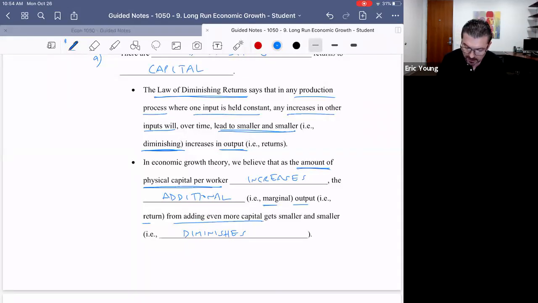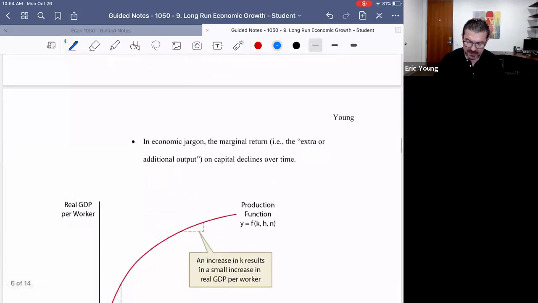Because we are bound in many domains to the law of diminishing returns. To summarize it in economic jargon, what we say is this: the marginal return on capital declines over time, okay? The marginal return, in other words, the extra or additional output on capital declines over time.